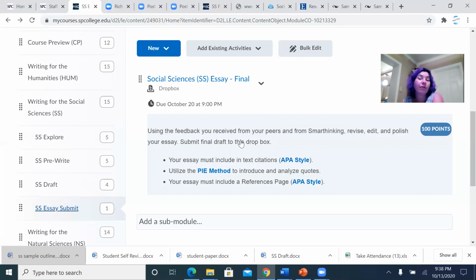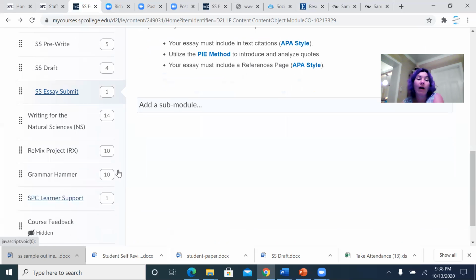And then ultimately for the natural science essay as well, which is the next unit. The natural science essay is the last formal essay of the semester. The remix project, which is kind of like the final exam, is not an essay. It does not require any more research, right?